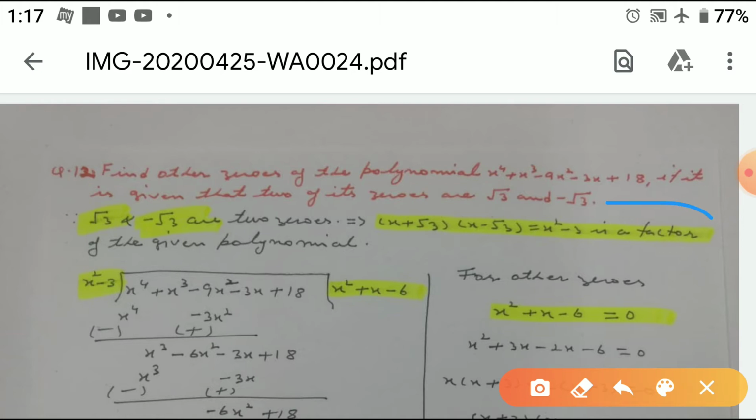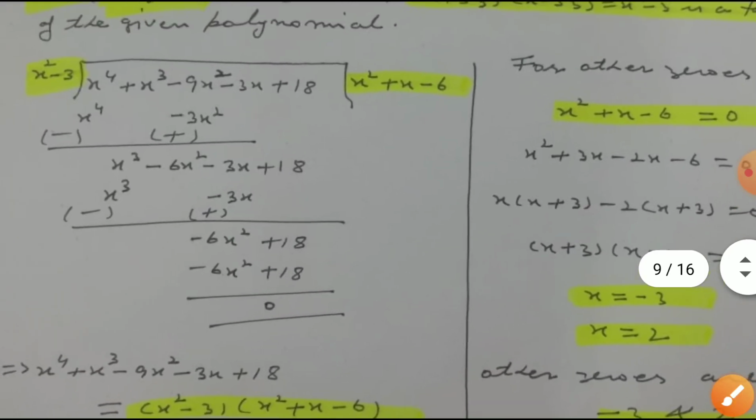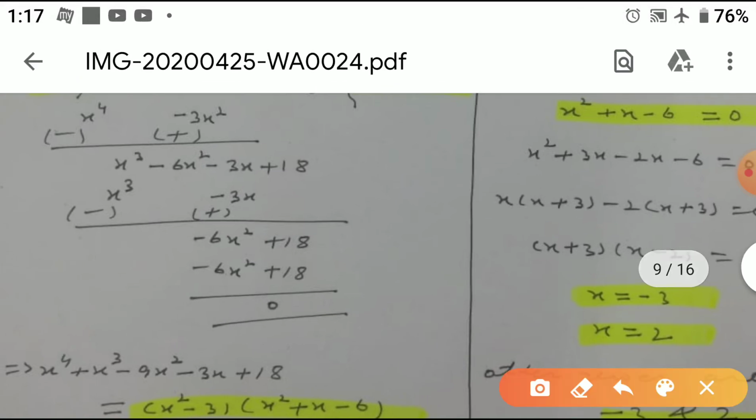If x² - 3 is a factor of the given polynomial, it means the given polynomial is exactly divisible by x² - 3. Now come to the division process. So here is the division process in front of you.